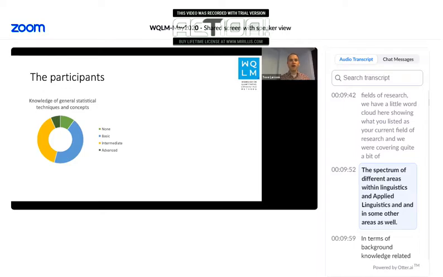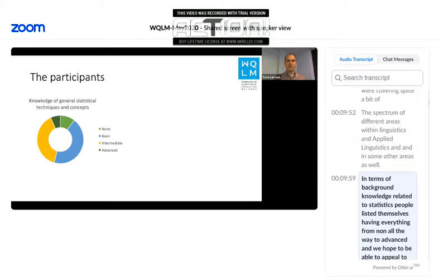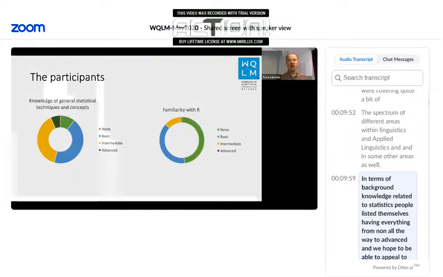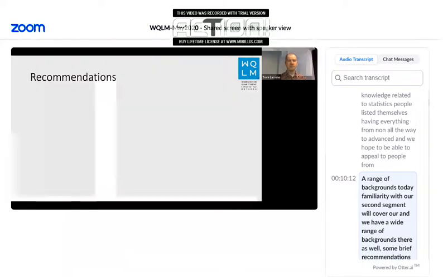In terms of background knowledge related to statistics, people listed themselves as having everything from none all the way to advanced, and we hope to be able to appeal to people from a range of backgrounds today. Familiarity with R, our second segment will cover R, and we have a wide range of backgrounds there as well.